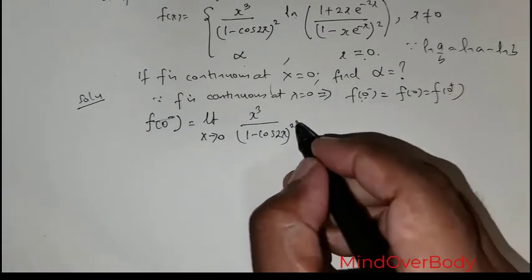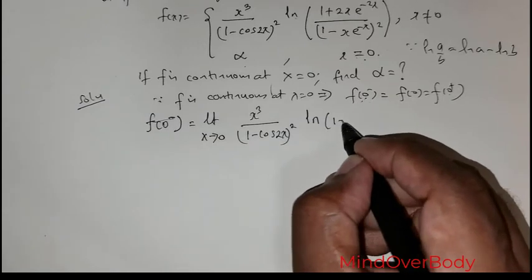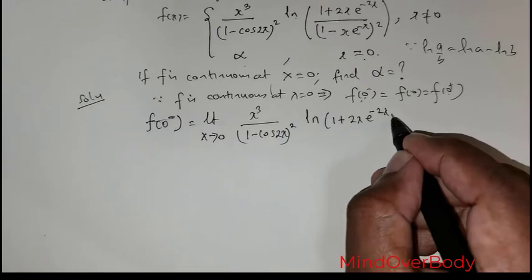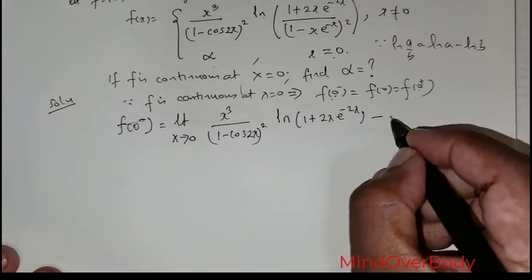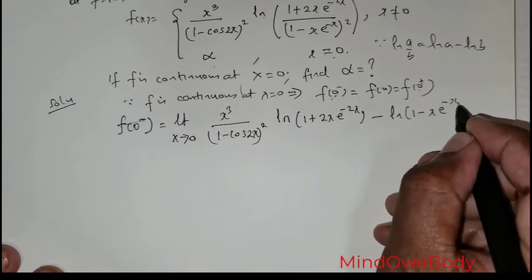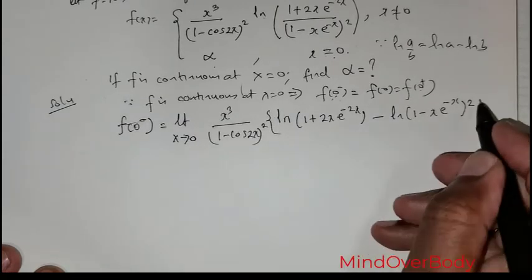If I use that formula, this is going to be ln of (1 + 2x)e^(−2x) followed by a negative sign and ln of (1 − x)e^(−x) squared. So this is what we have got.